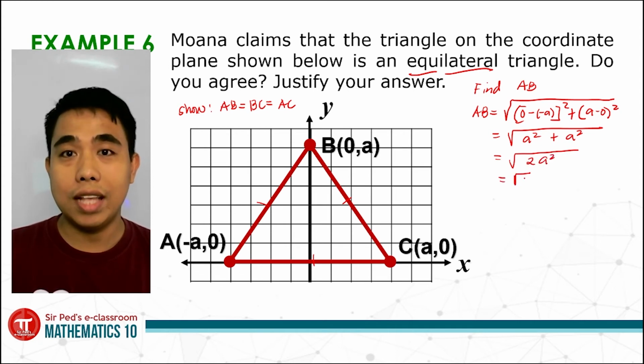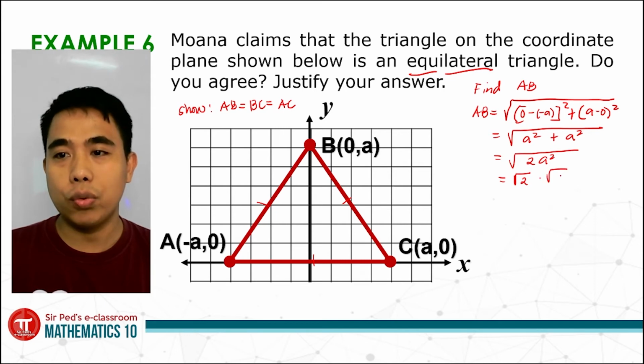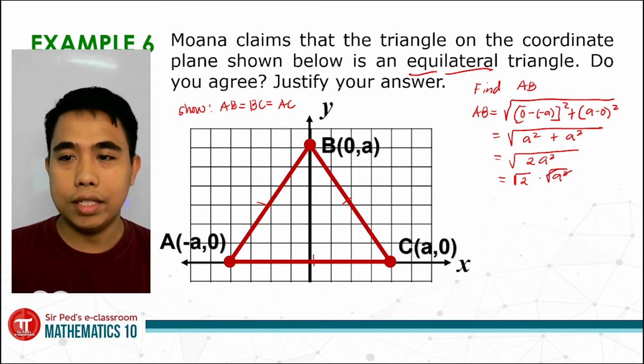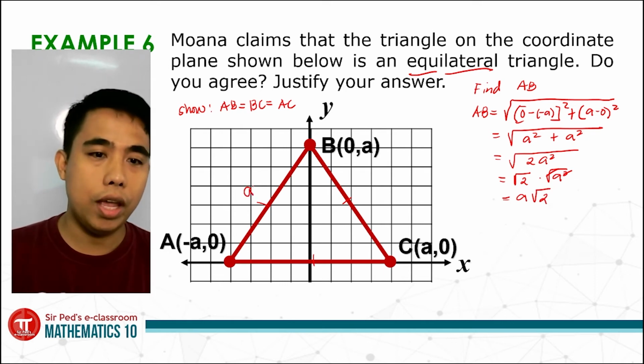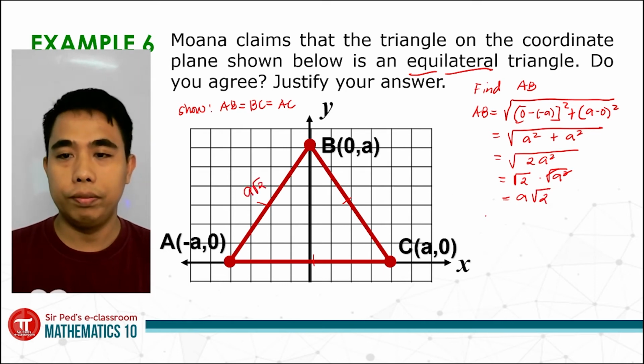We can write this as square root of 2 times square root of a squared. So we can cancel that one, then this is a the square root of 2. So a the square root of 2.